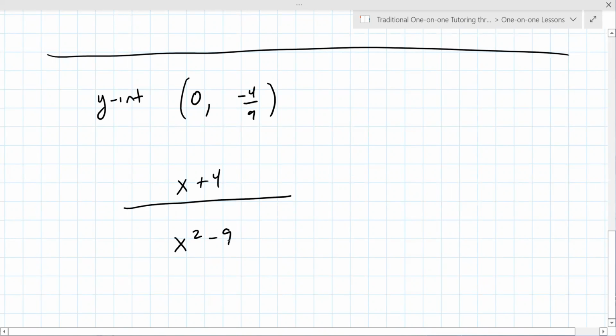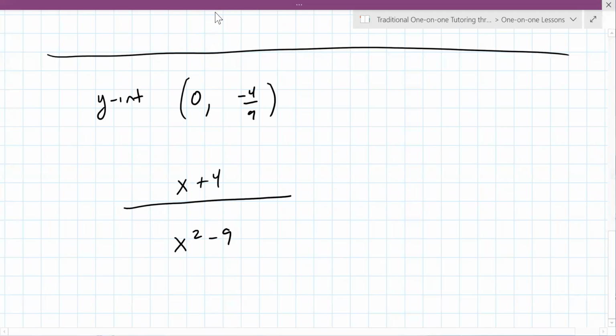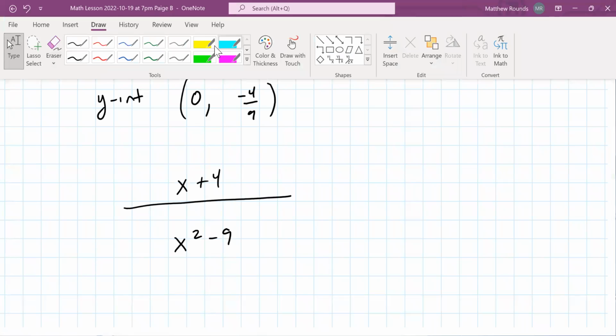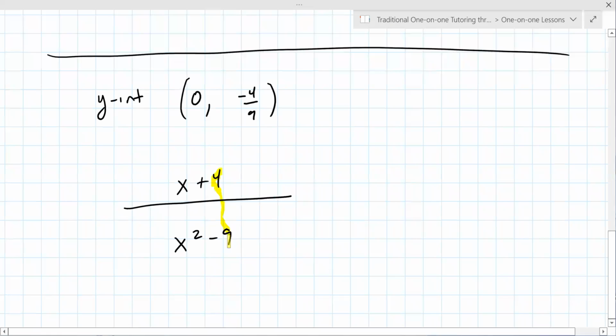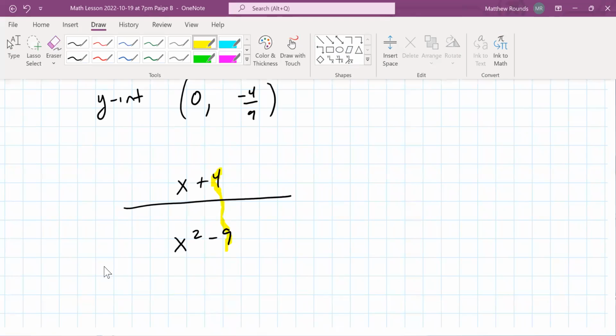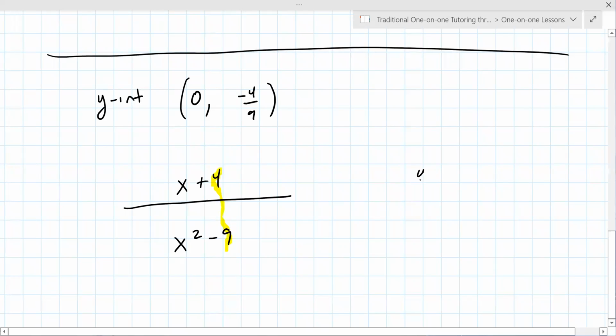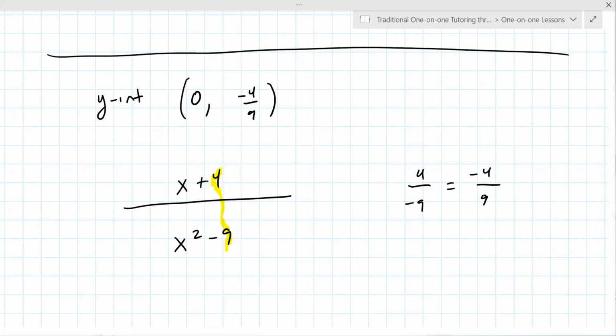Because you got to get the 4 and the 9. Yeah. And it doesn't matter that they're opposite in sign, because it becomes 4 over negative 9 for your y-intercept, which is the same as negative 4 over 9. Right. Okay.